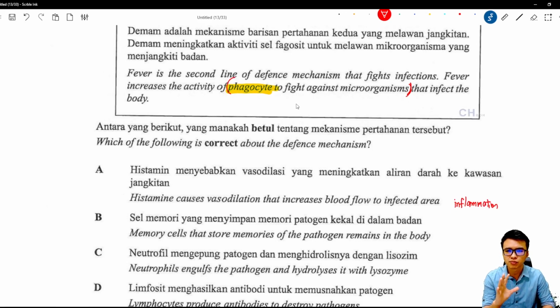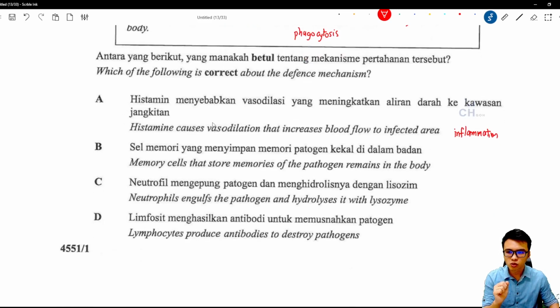We should talk something about phagocytosis. Memory cells are stored, and so on. This one is third line defense. And then neutrophils engulf the pathogen and digest it with the lysozyme. So the answer will be C here. Lymphocyte produce antibody, yes, this is the third line defense. So the answer here should be C.